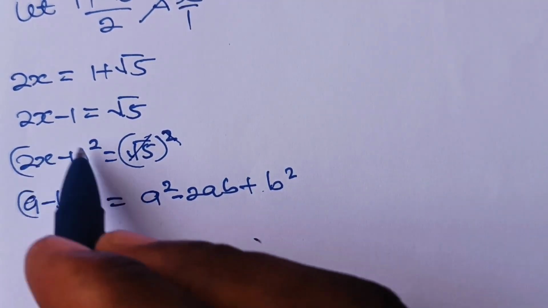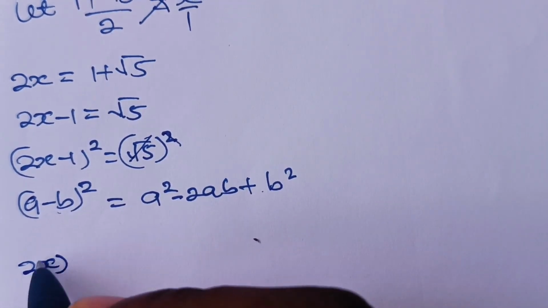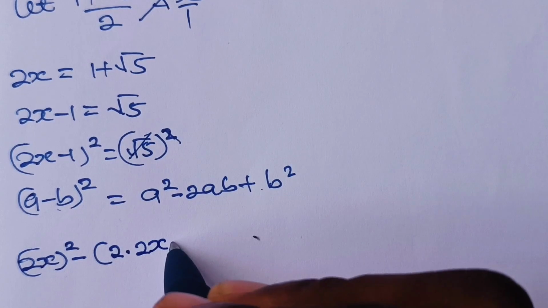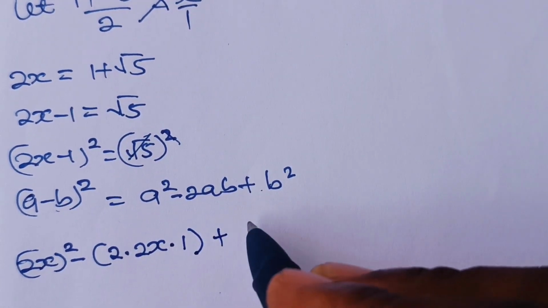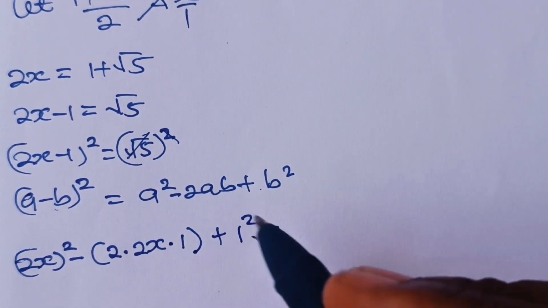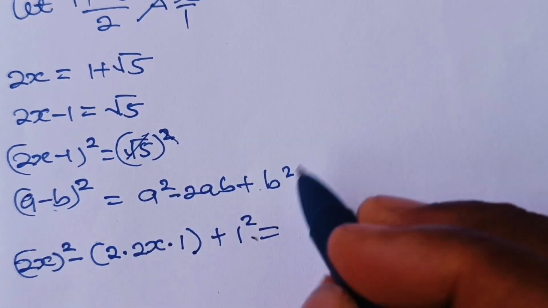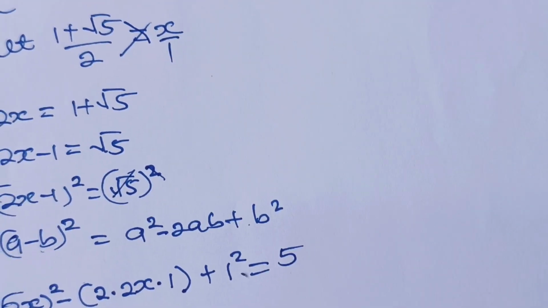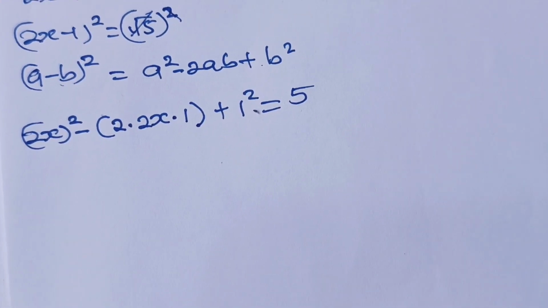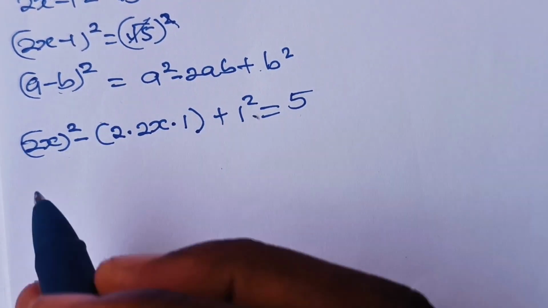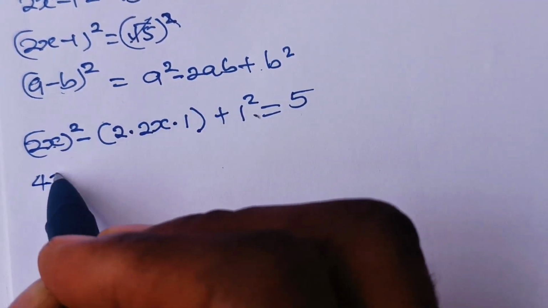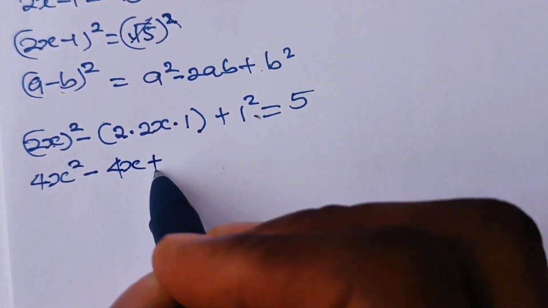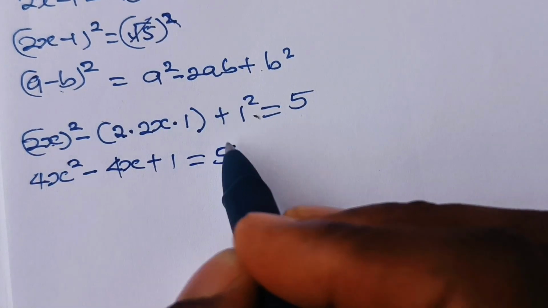So that means that we can write this as (2x) squared minus 2 multiplied by 2x multiplied by 1 plus 1 squared is equal to, now when this cancels this, what we have left is 5. Okay, now we can solve this as 2 squared will give us 4 and x squared, right? Minus 2 times 2x will give us 4x plus 1 is equal to 5.